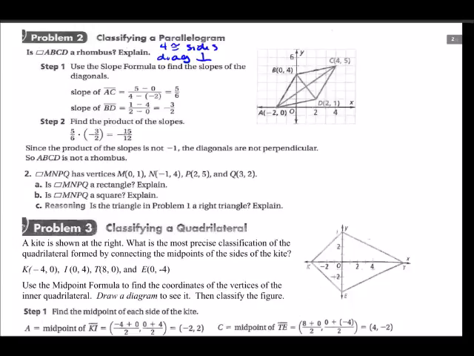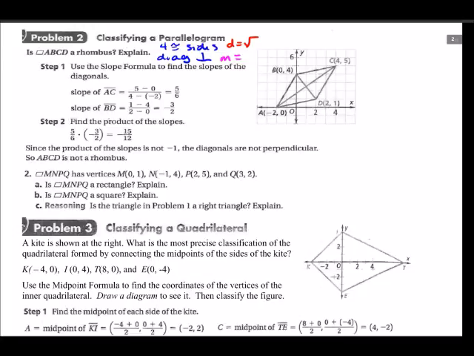Personally, I think that checking if your diagonals are perpendicular is a lot easier than doing 4 distance formulas, because if we wanted congruent sides, that's distance formula, and diagonals are perpendicular, that's slope formula.